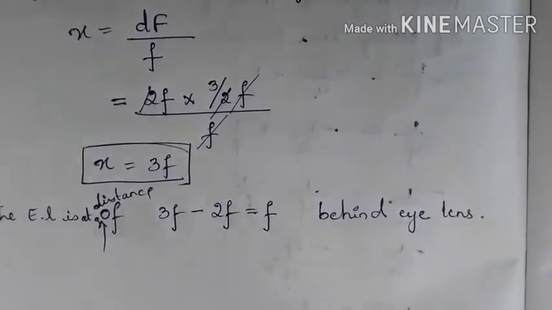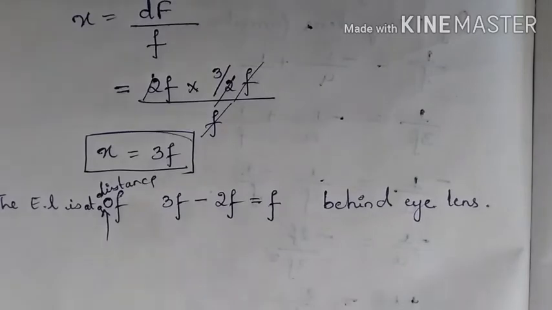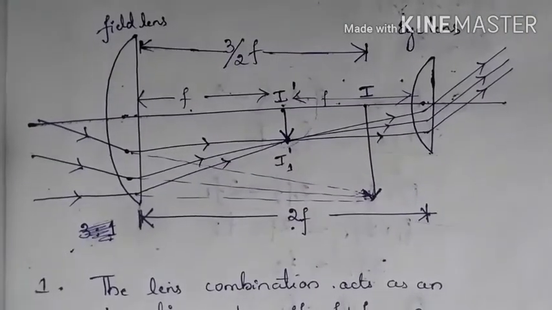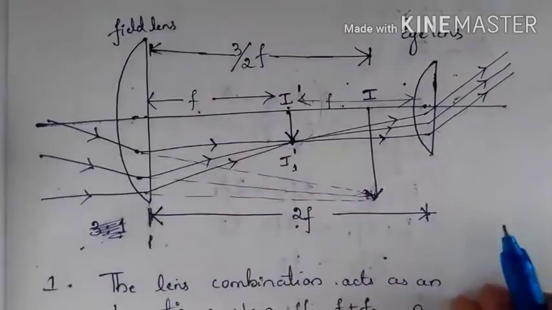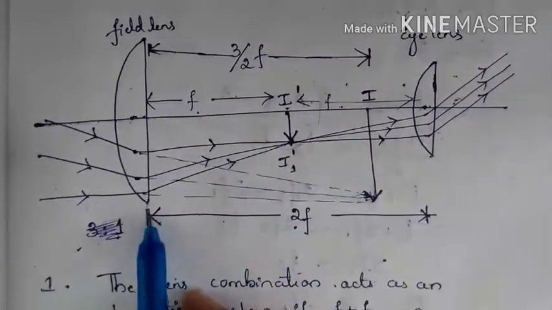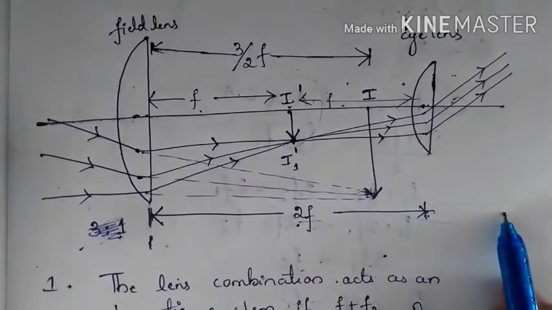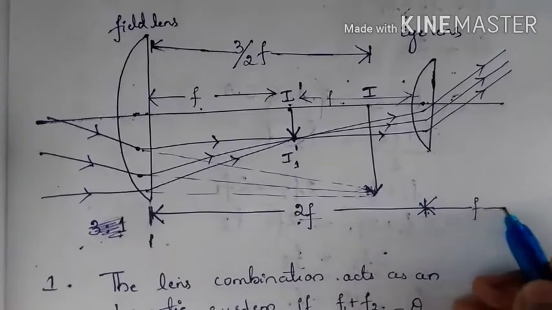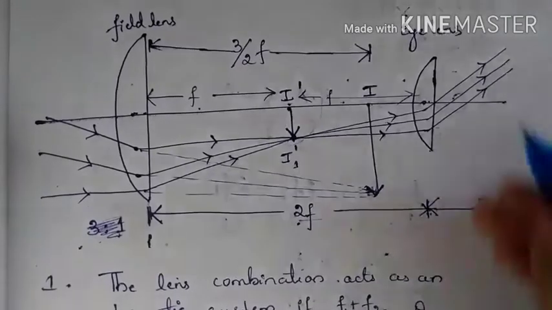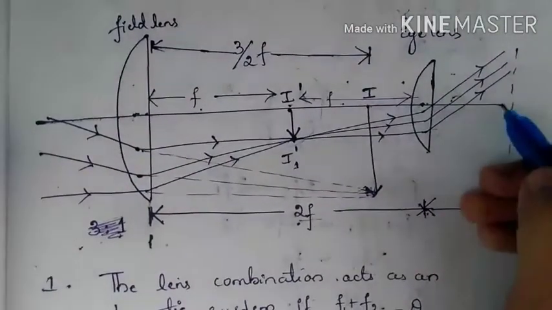So now let us mark this position on the diagram which we have drawn. So equivalent lens is at 3f. So from here to some position it should be 3f. But we know the distance between the lenses is 2f. So next what we need is only f. So if from here to here is f, then here will be the equivalent lens.